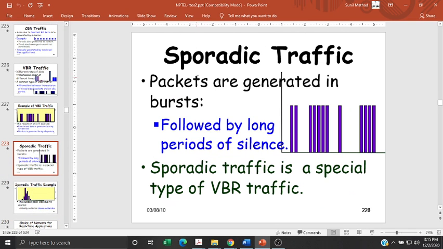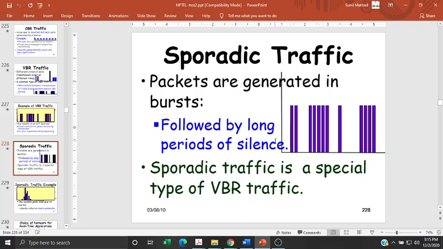With respect to that aspect, even sporadic traffic is a special class of VBR. Packets are generated in bursts, followed by periods of silence, which are normally longer in sporadic traffic. Longer has to be measured in comparison with something. So there is a sudden rush of burst data and then a larger period of silence.